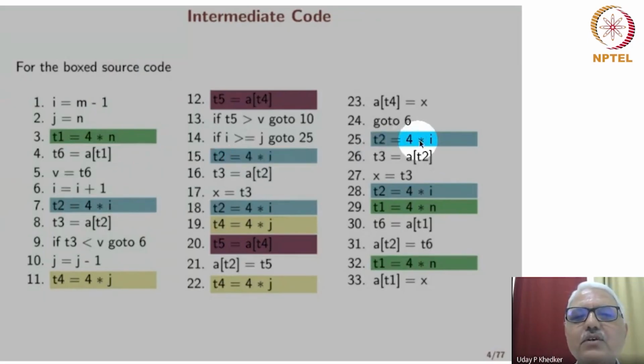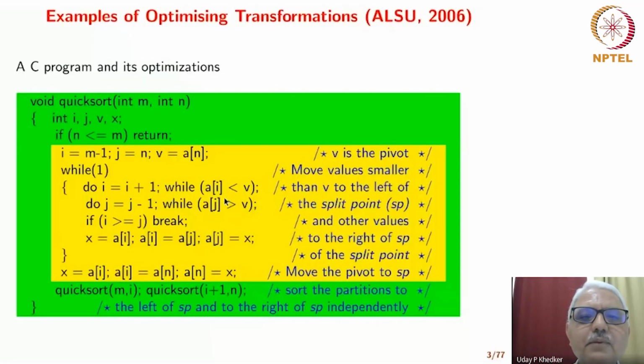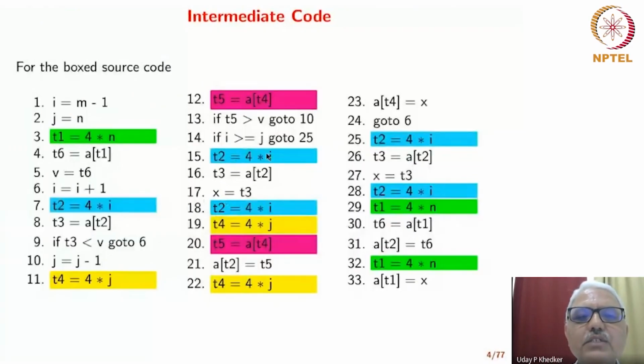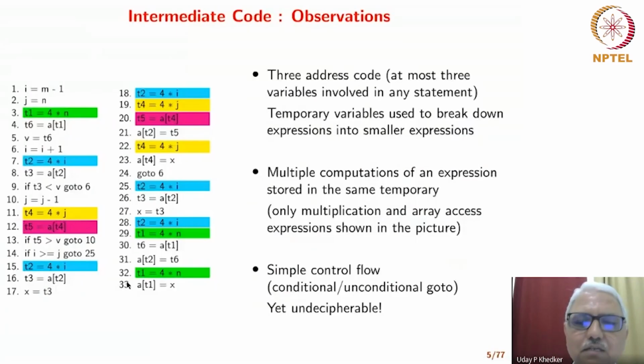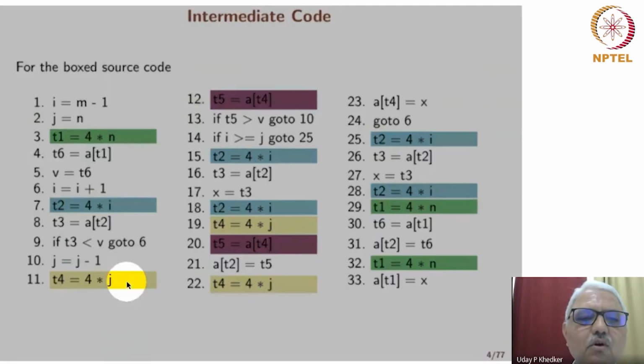Here also t2 = 4 * i. And here also, t2 = 4 * i. So color blue represents t2 = 4 * i, whereas color green represents 4 * n, and color yellow represents 4 * j.